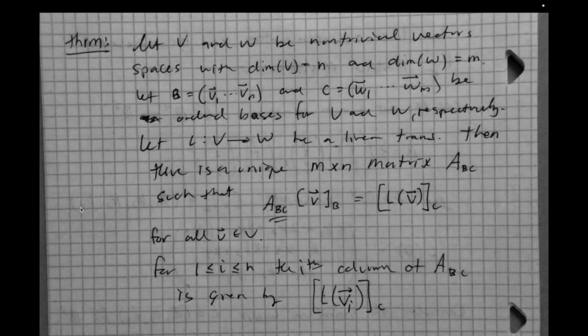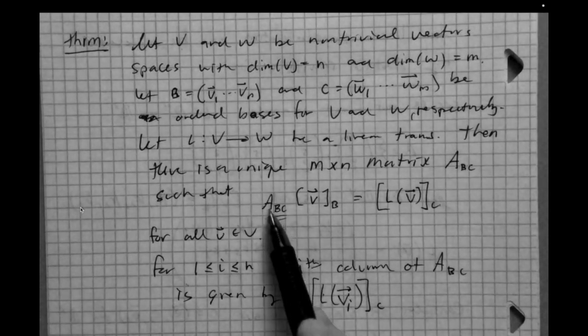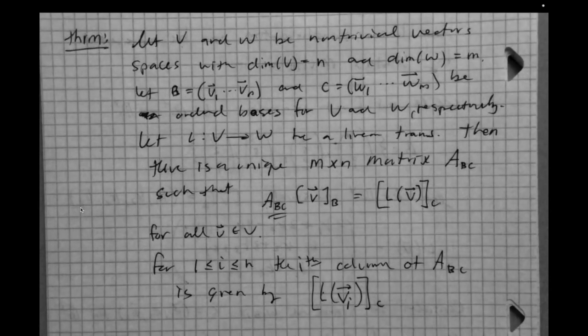The idea is that A sub BC times the coordinatization of v with respect to B gives you the coordinatization of L of v with respect to the codomain basis C. So this theorem basically establishes that once an ordered basis for V and W has been selected, each linear transformation is essentially equivalent to multiplying by some unique matrix, and that matrix is A sub BC in this case.